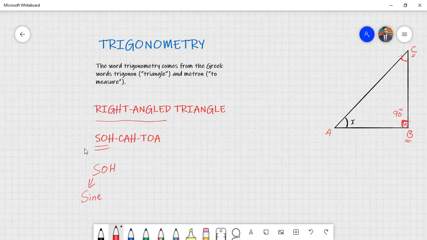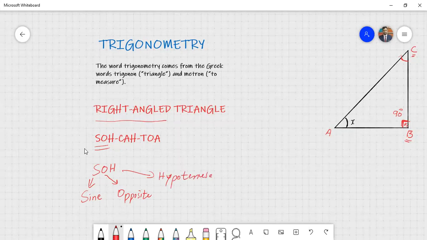Okay, sine. First I'm explaining these abbreviations. S is the abbreviation of sine, O is the abbreviation of opposite, and H is the abbreviation of hypotenuse.